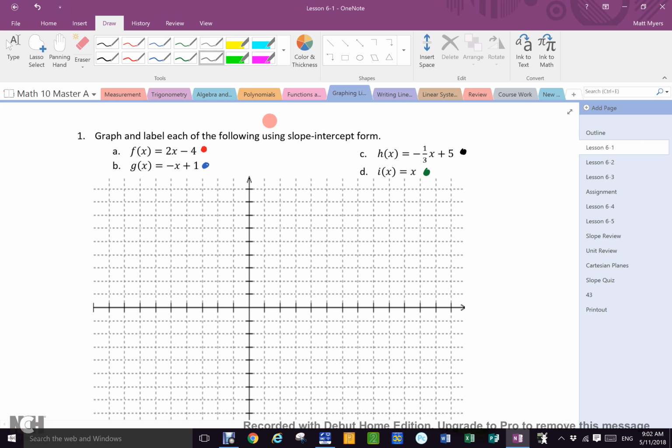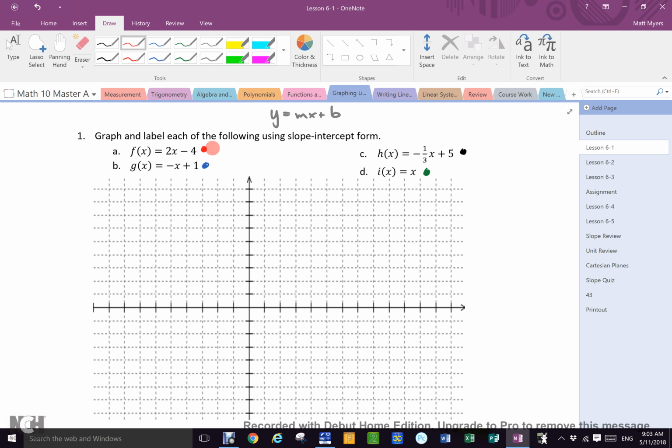Slope-intercept form, remember, is y equals mx plus b. The slope is m, the y-intercept is b. Which one of those gives me a starting point, the m or the b? The b gives me a starting point. So, in this first function, what is my starting point?